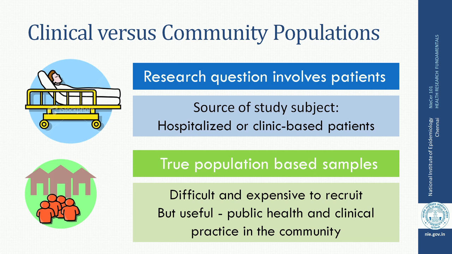If it is so, then obviously the study population will be from hospitals or clinic based patients. It is preferred when we need good internal validity, so that the findings can be generalized to the population of interest, with good quality of data. The source of clinical population is the primary healthcare clinics.